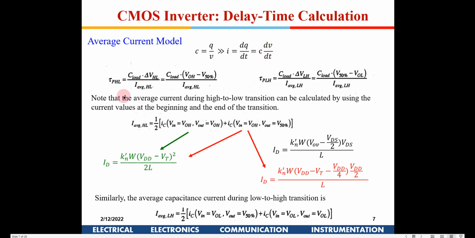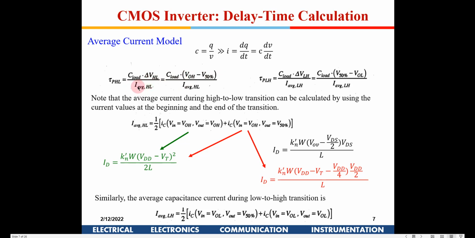For example, when the output voltage is going from high to low, C load is fixed, whereas the voltage changes from VOH to the 50% voltage. So I use I average for high to low.